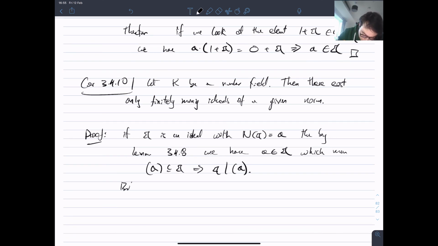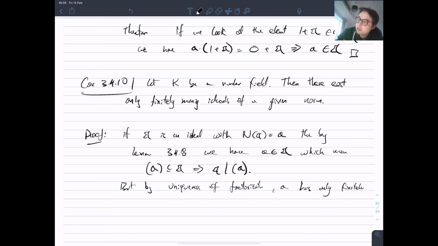But by uniqueness of factorization, not into prime ideals, this is just standard uniqueness of factorization, a has only finitely many factors, which you can see gives the result.